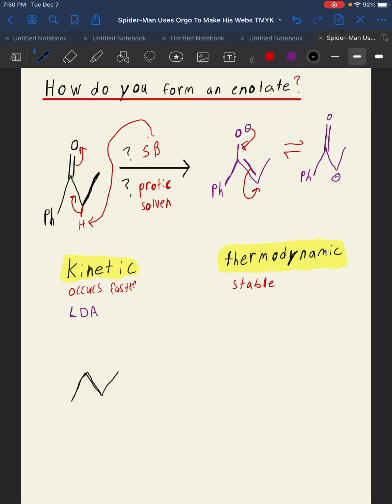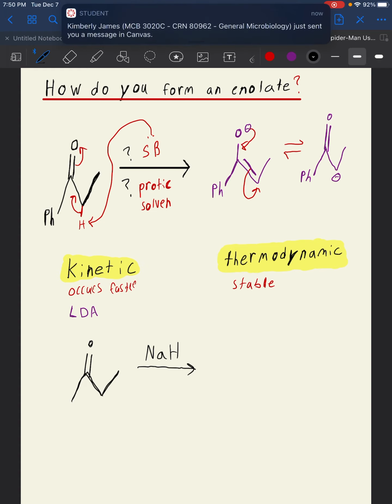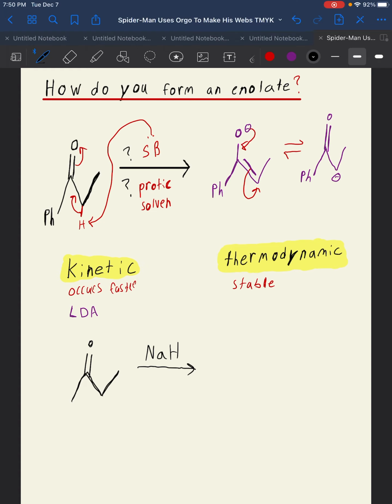and to kind of show you what a kinetic versus thermodynamic product is. So say you react this with NaH. And we have protic solvent here.